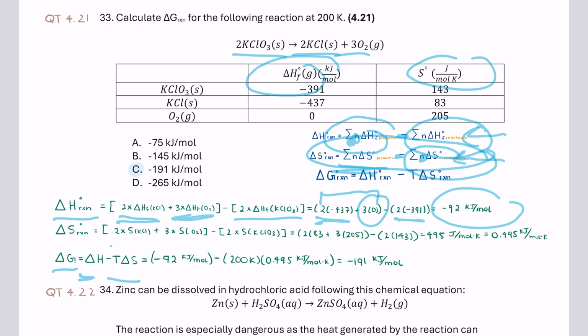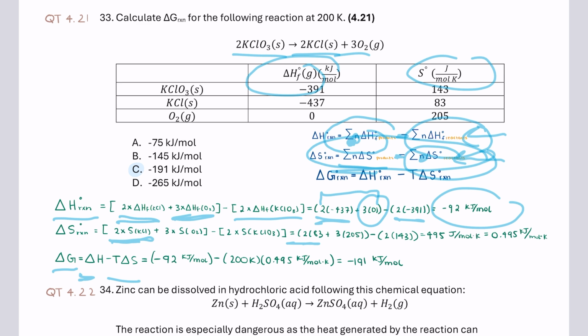So on the product side, we have 2 moles of potassium chloride, solid, and the molar entropy of potassium chloride is 83 joules per mole Kelvin. So we multiply that by 2.